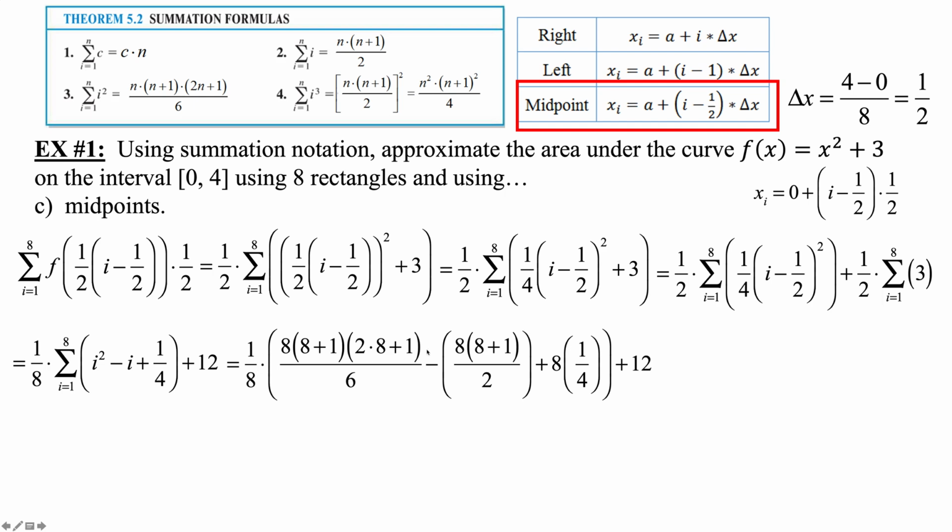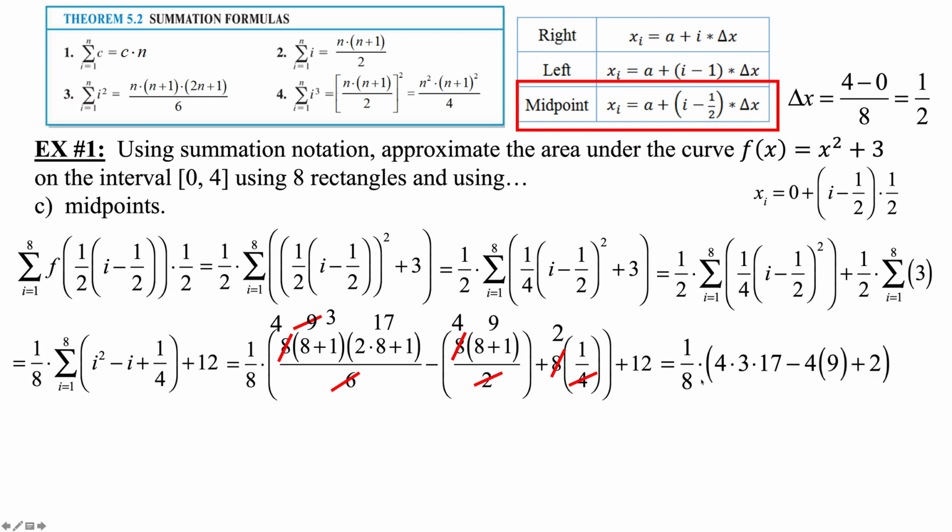So 1/8 again. Here's the same thing we saw before, where that turns into a 9. That's a 17, and we canceled here to cancel the 6. Here the 2 can go into the 8 4 times, cancels that out. Here the 4 can go into the 8 twice. So like I said, inside that summation, there should be no fractions left over.